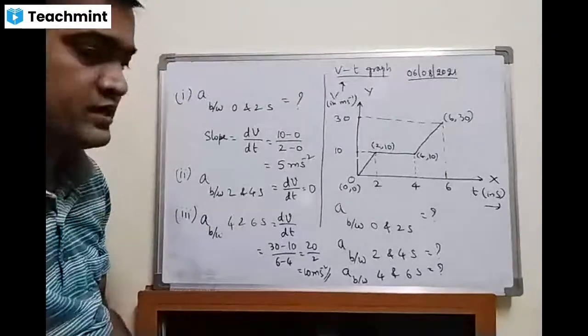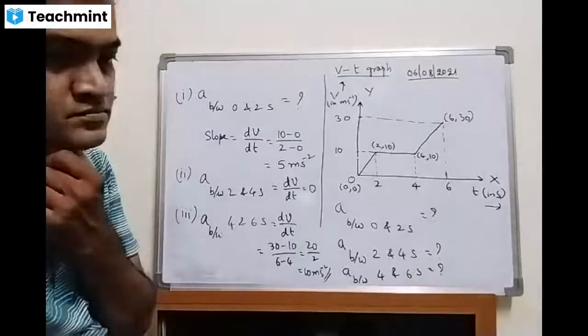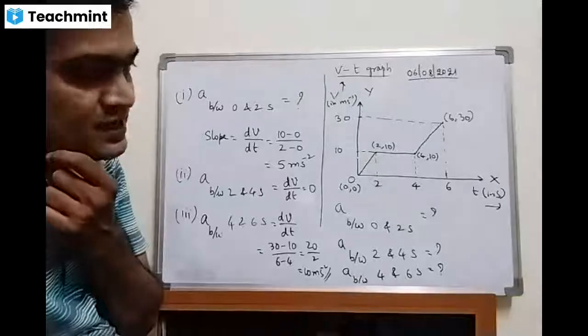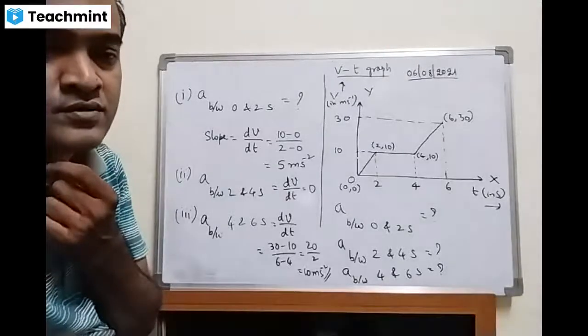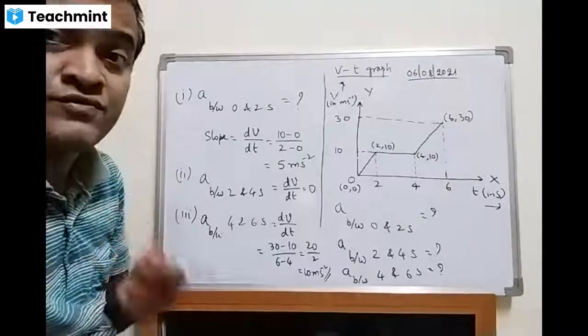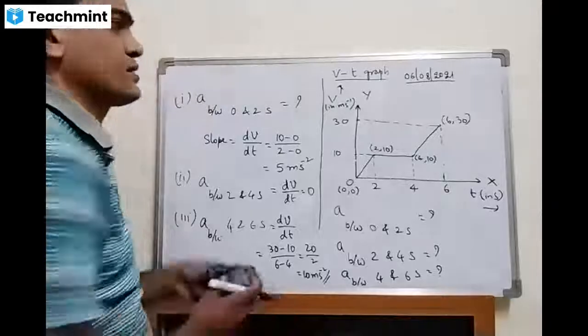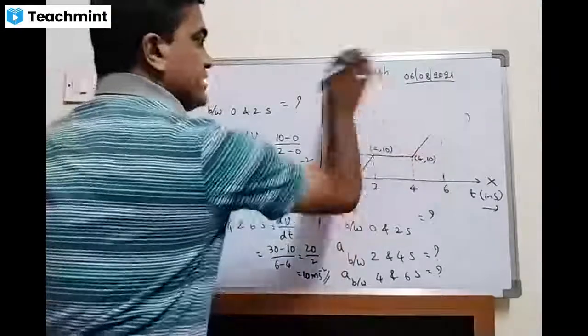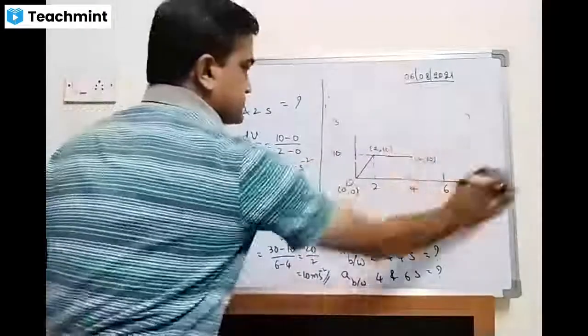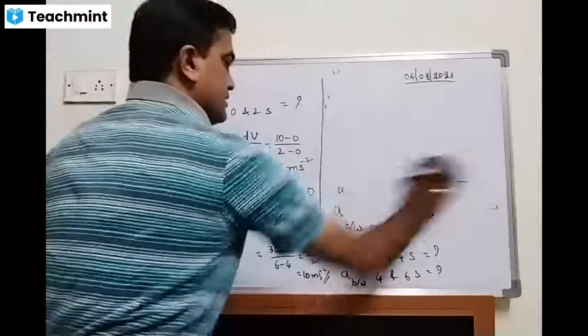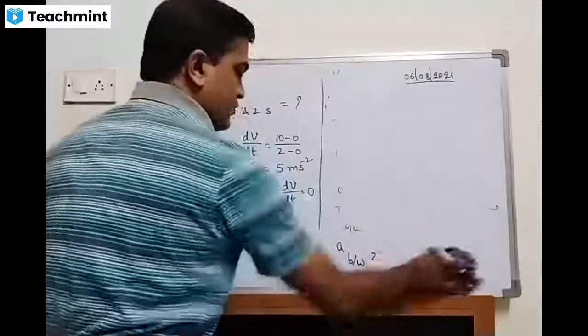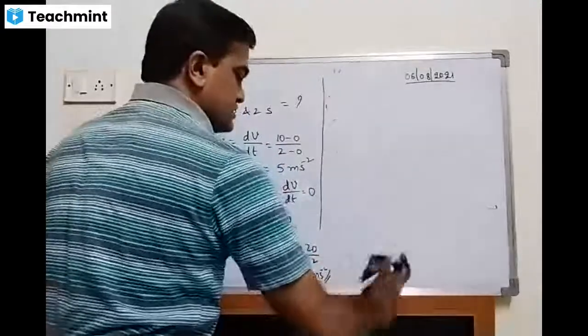Okay, now let us find out another graph. What you call is the VS graph. What is V here? What is S here?